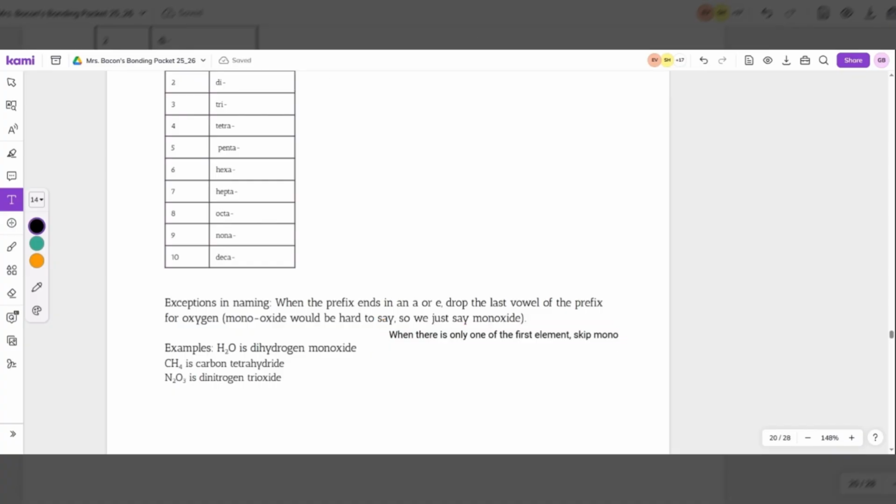And I will type that and add it onto all of yours so that by the time you're looking at that, it should already be there. So for example, carbon tetrahydride instead of monocarbon tetrahydride. Here's one more, N2O3, 2 nitrogens, 3 oxygens, so dinitrogen trioxide.